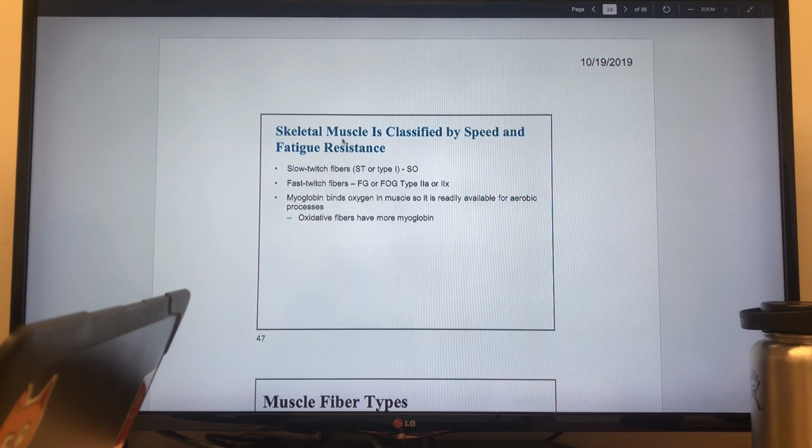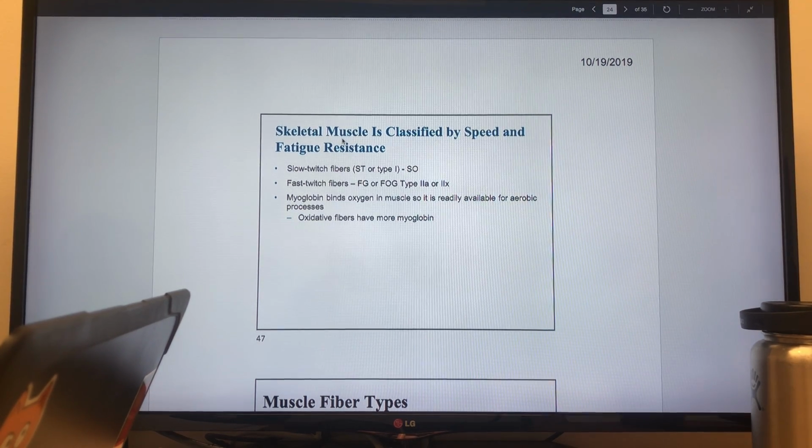Okay. Your slow type, or it's called ST type 1 or SO. Now this one is your endurance type. It has a lot of blood flow to it, and it's got a low amount of force. That means it has very little myosin. So this is the one that has the highest endurance and a lot of blood flow, but it has low force.